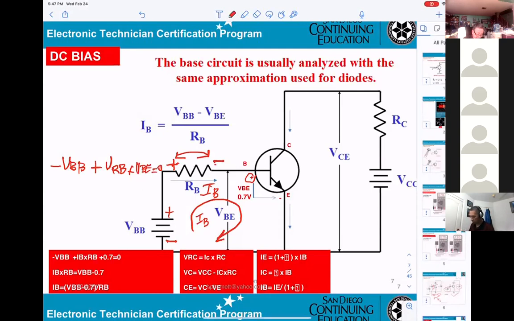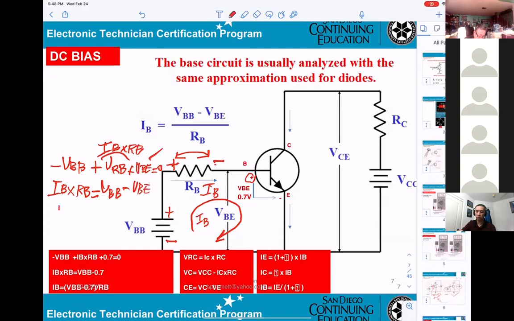Now you can see VRB equals IB times RB. So we want to keep that: IB times RB equals, you move the other term to the other side, VBB, minus VBE.